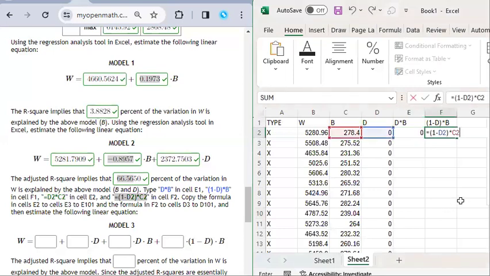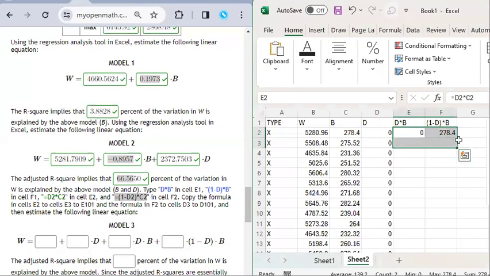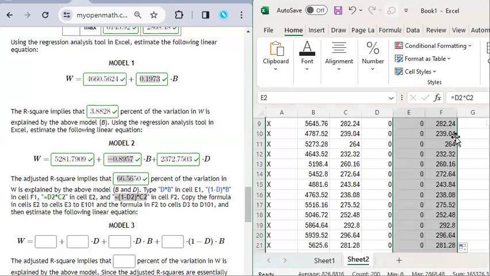So what this is doing is it's going to subtract the 0 from 1. 1 minus 0 is 1, and 1 times C2 is C2. Okay, and then we're going to double click to copy these formulas all the way down to the bottom there.